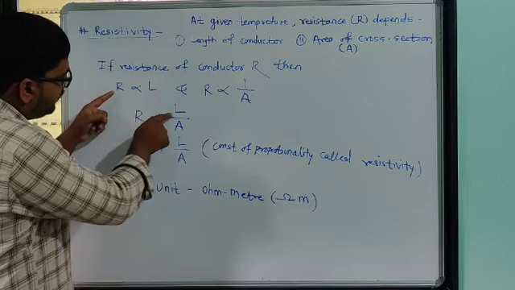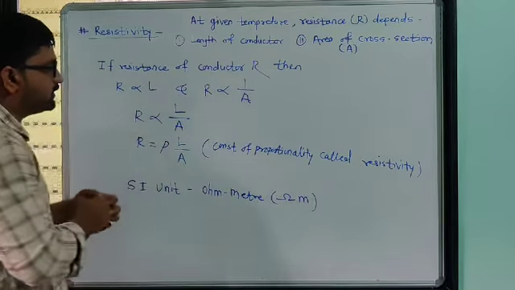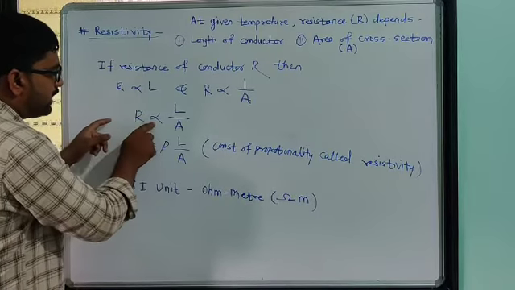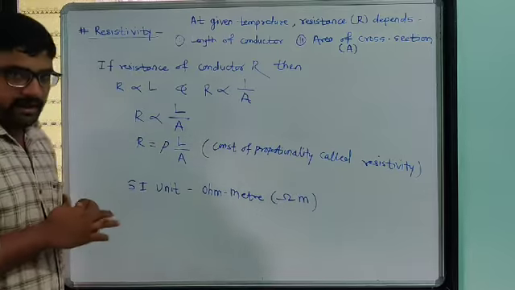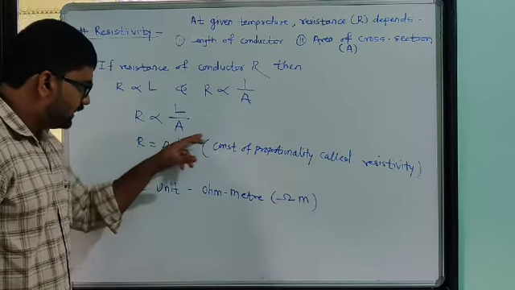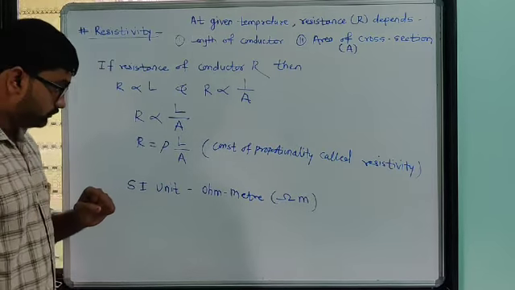R is directly proportional to L and inversely proportional to area of cross section. So combinedly we can write R is proportional to L by A, directly proportional to the length of the conductor and inversely proportional to the area of cross section.